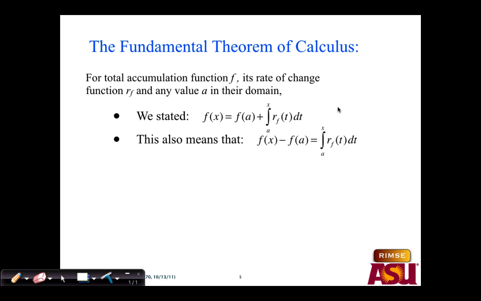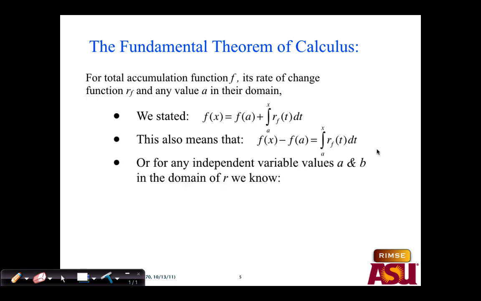So this f of x minus f of a should be the same as an integral between a and x, just the same way as the change between v of 7 and v of 3, final minus initial, is the integral between 3 and 7. It doesn't have to be all numbers in that expression. It can be symbols like a's and x's, with a as a parameter or starting point, and x as our independent variable of a function. So I could express this with this form here.